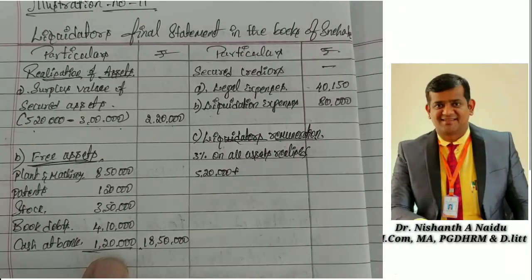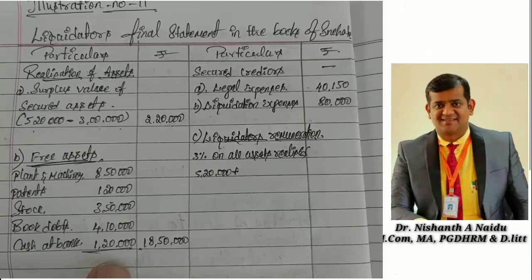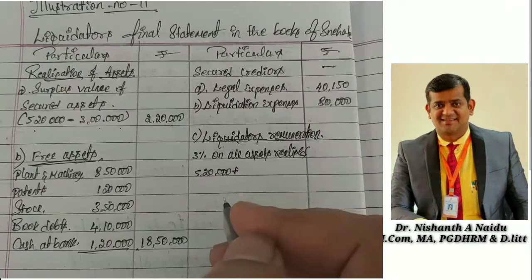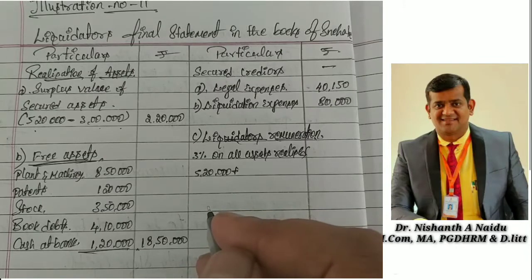excluding cash at bank. So what you have to do, 18,50,000 minus 1,50,000, that comes to 17 lakh.